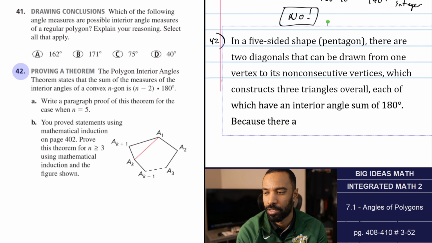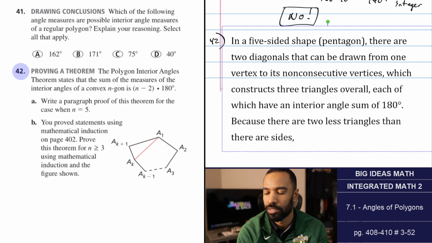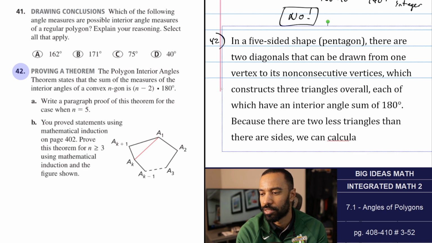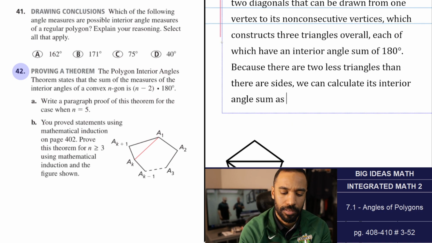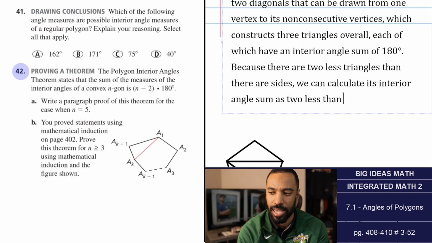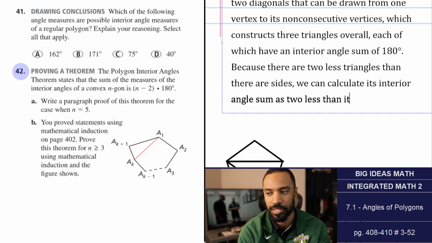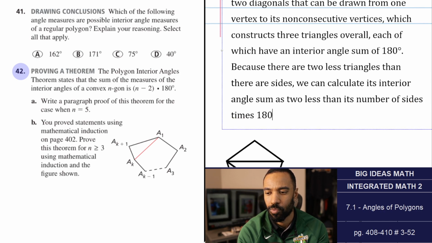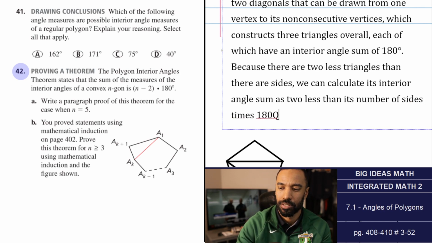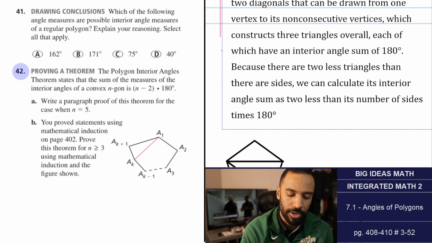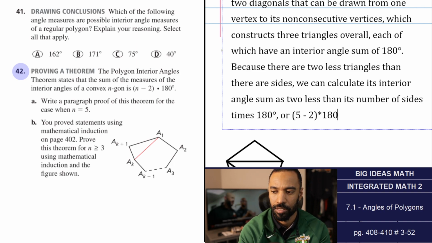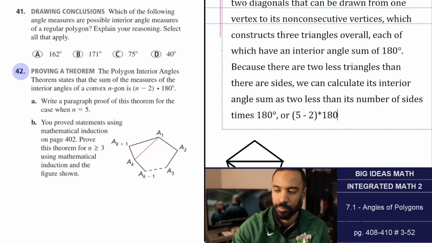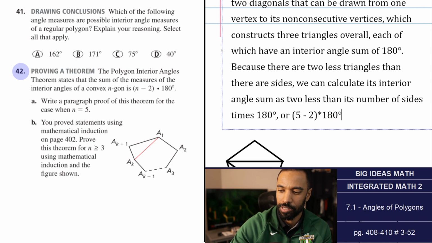Because there are 2 fewer triangles than there are sides, we can calculate its interior angle sum as 2 less than its number of sides times 180 degrees, or 5 minus 2 times 180 equals 540 degrees.